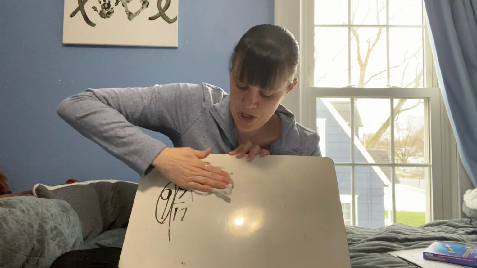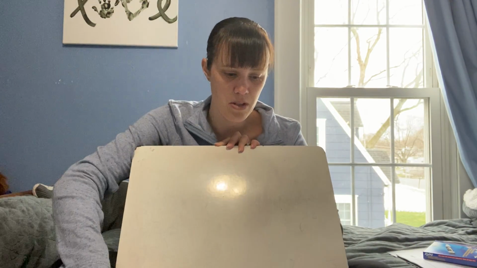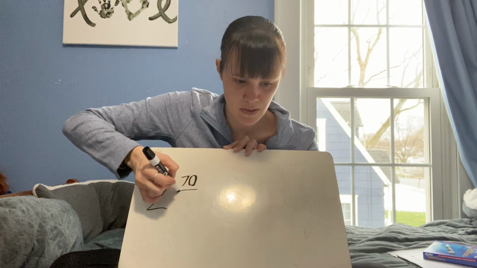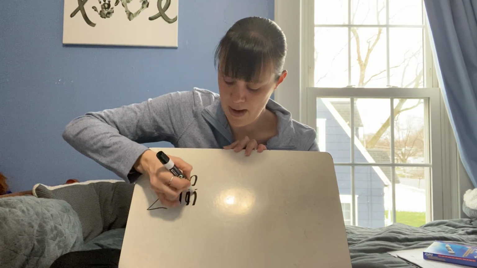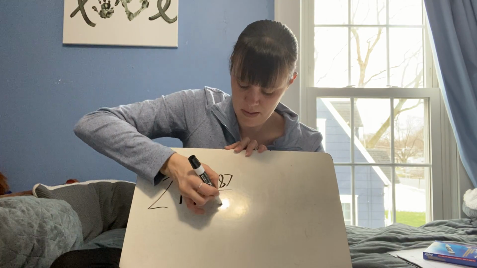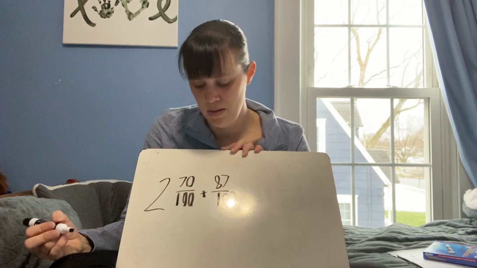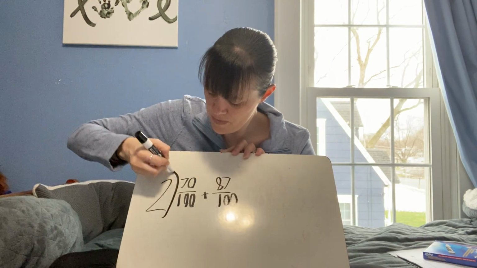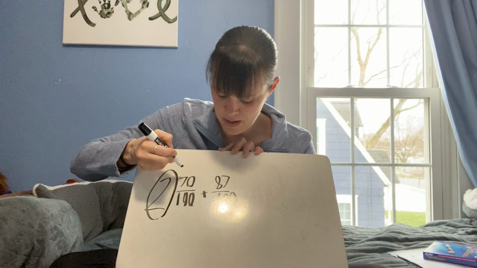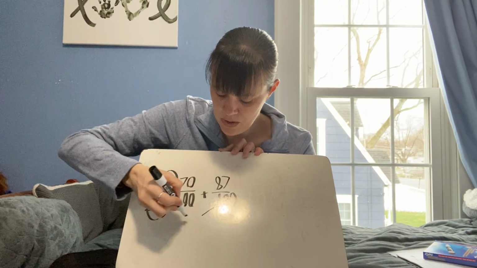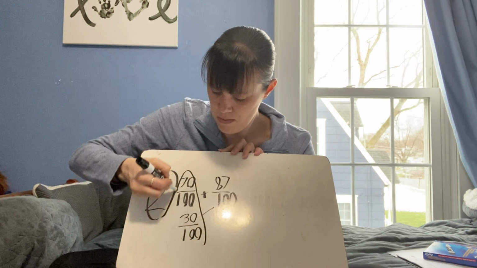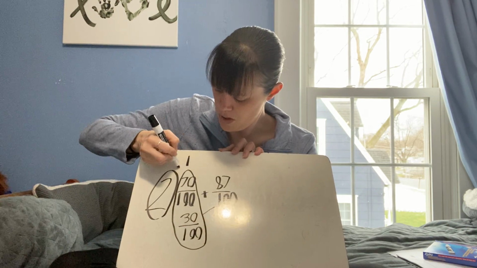Okay, G, we're almost there, guys. 2 and 70 hundredths, wow, plus 87 hundredths. Really? With these big numbers? All right, if I'm at 70, how many more until I get to 100? I need 30. So we take out 30 from this guy to give me that 100 over 100, which is 1 whole.